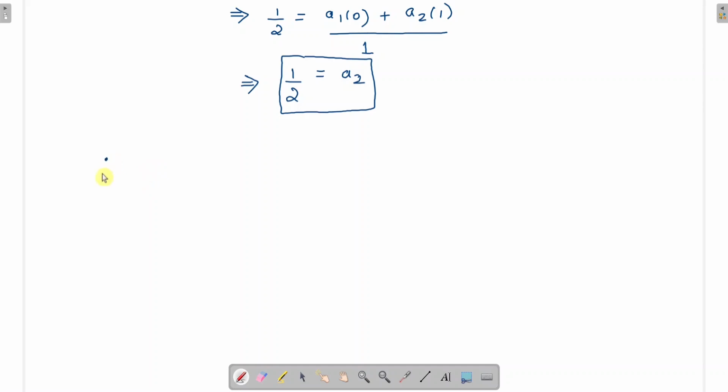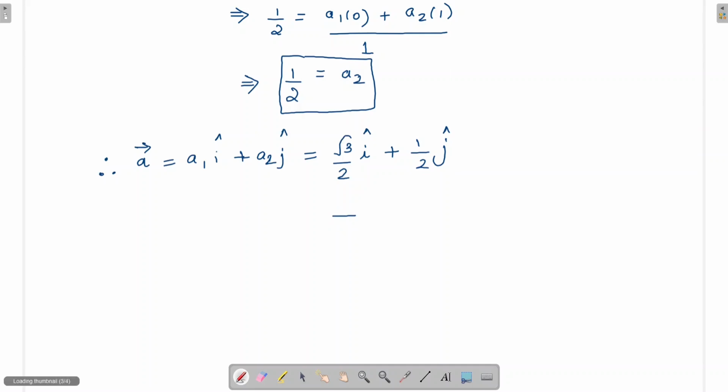Therefore the vector a bar, which is a1 i cap plus a2 j cap, will be equal to root 3 by 2 i cap plus half j cap, because a1 we found as root 3 by 2. So this is the answer.